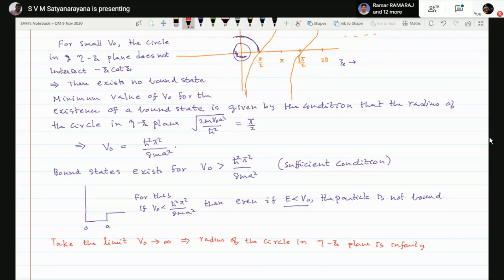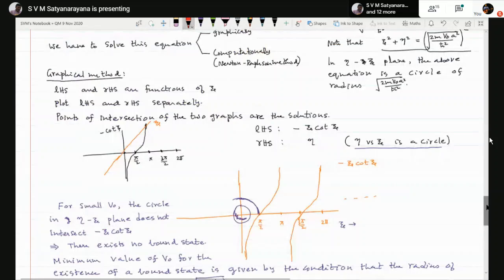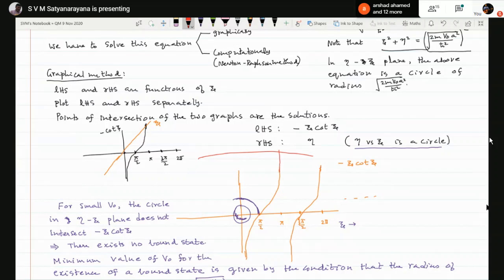What does that mean? That means in this graph you have some infinity. That means all of them will be intersecting this at pi and 2 pi and so on.